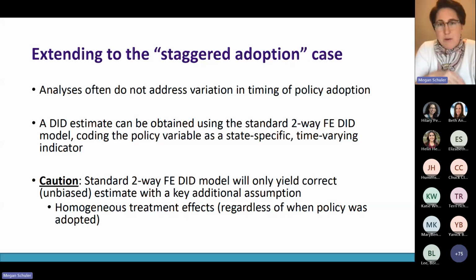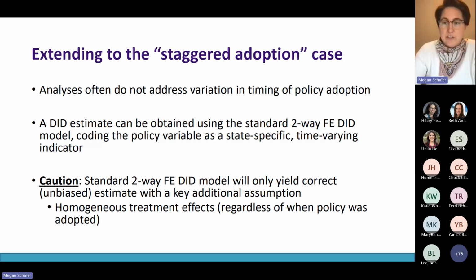But recent work by Andrew Goodman-Bacon, for instance, and Callaway and Sant'Anna, among many others, have really highlighted the mechanics and complexities of the staggered adoption case, and that we have to think a lot more clearly about the interpretation of diff and diff in this setting.